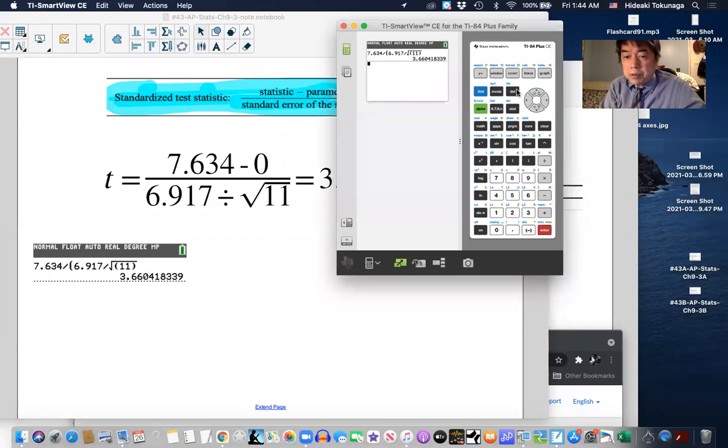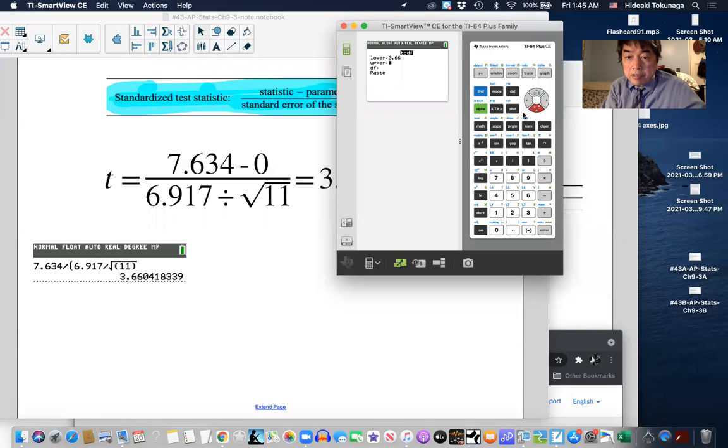Okay. Now I go to second, distribution, tcdf. That's number 6, tcdf. We consider this one to go higher. So let me put this one tail, 3.66.